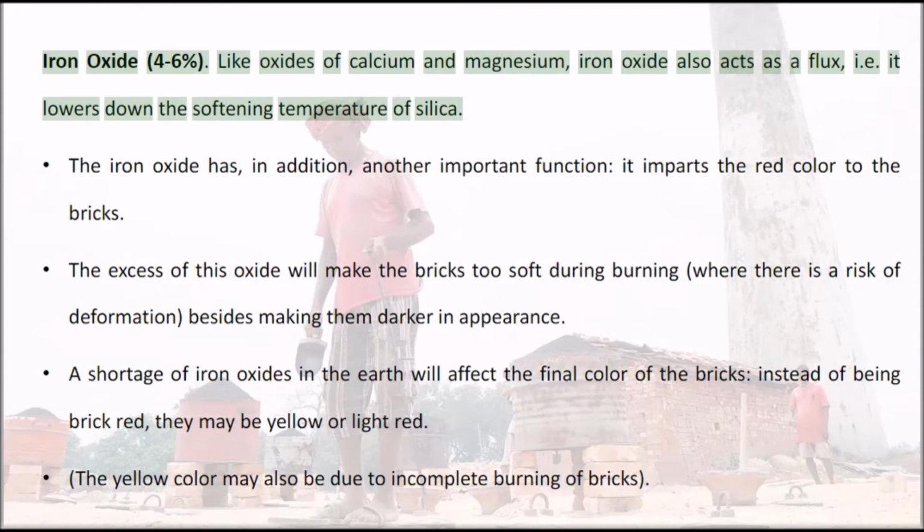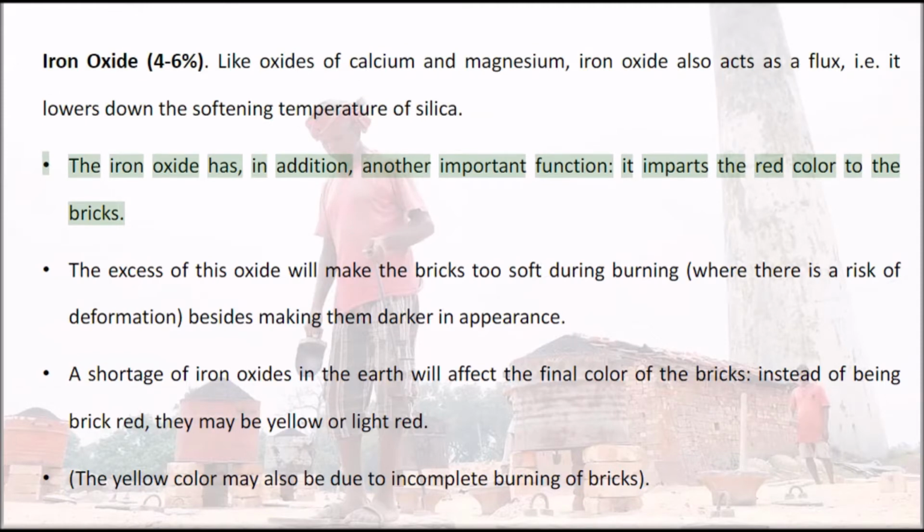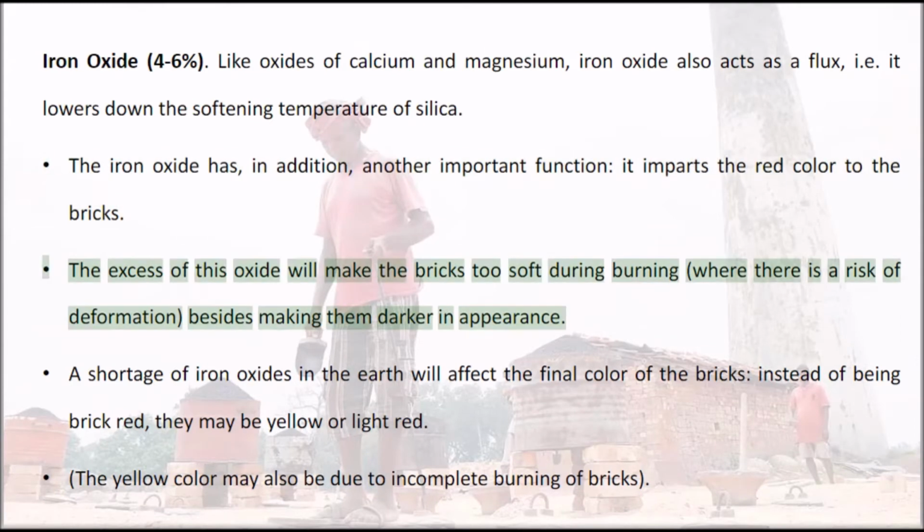The iron oxide has, in addition, another important function: it imparts the red color to the bricks. The excess of this oxide will make the bricks too soft during burning, where there is a risk of deformation, besides making them darker in appearance.